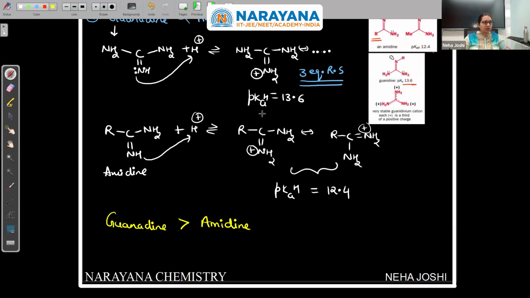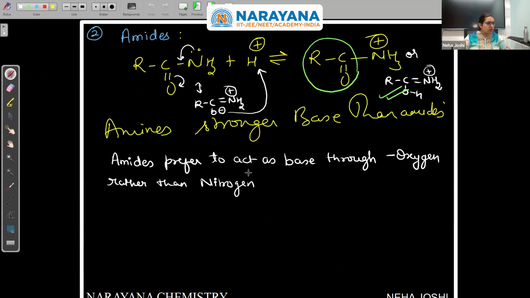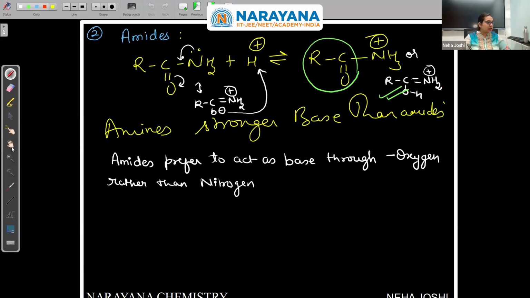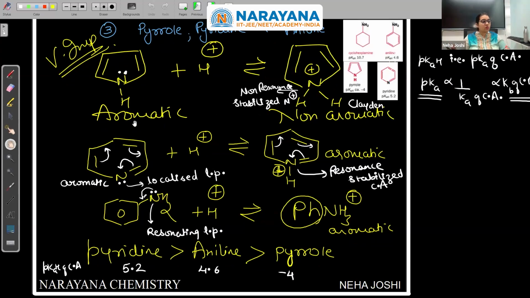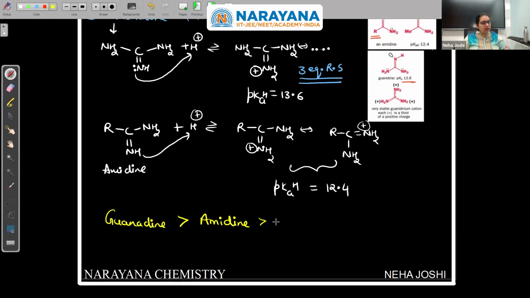So guanidine is strongest, then is the amidine. Then was the aliphatic cyclohexylamine, right? Going back to this, as these are not the conjugate ones, it is difficult to relate directly. I'll find a list where the conjugate acid strength wise data is given. Okay, so after this comes the aliphatic amine.